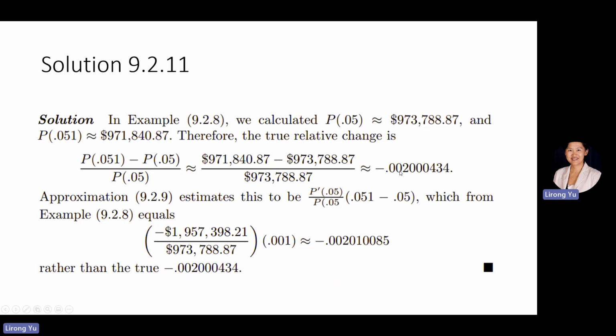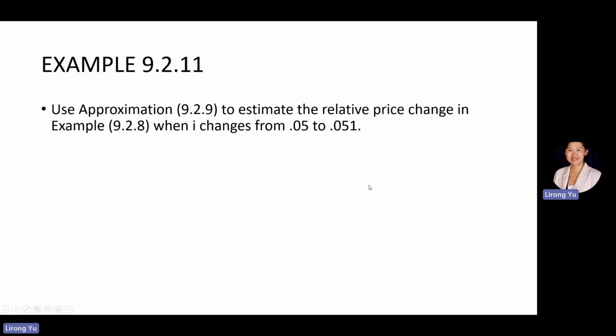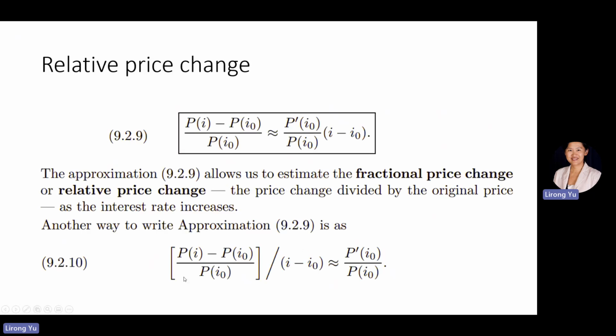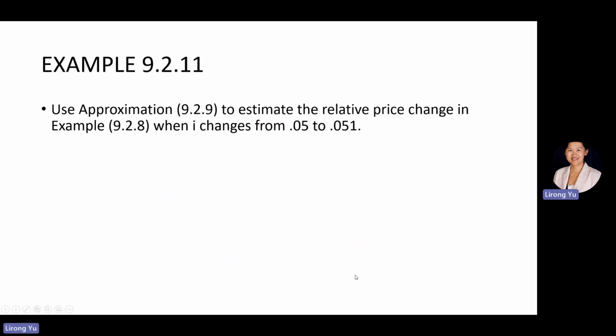Now that relative price change, if we wanted to find the price change, you multiply it with the price. So we're going to do what is identified at 9.2.10. We're trying to approximate the price change.